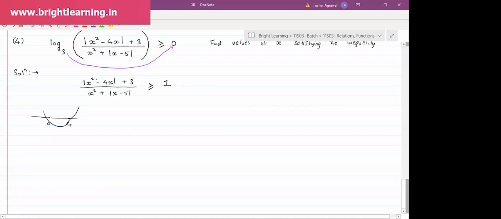To continue, whether to consider x square minus 4x or negative of x square minus 4x, you will have two cases. Case 1, x is less than 0 or greater than 4, and case 2, x is between 0 and 4. And then for this x square and modulus of x minus 5, combining them, you will have one root about 5, one root about 0.